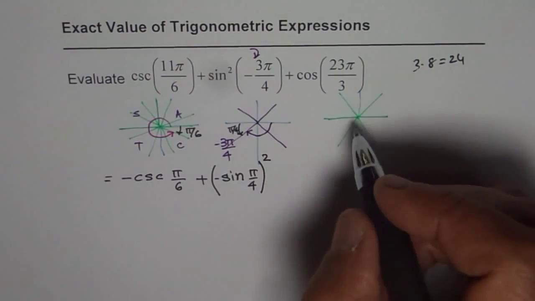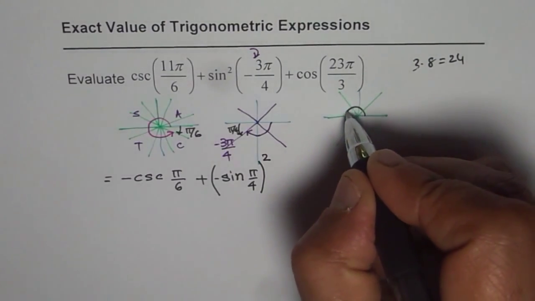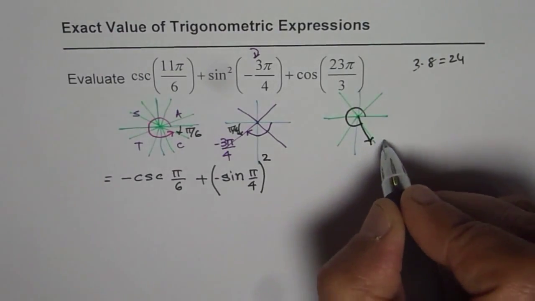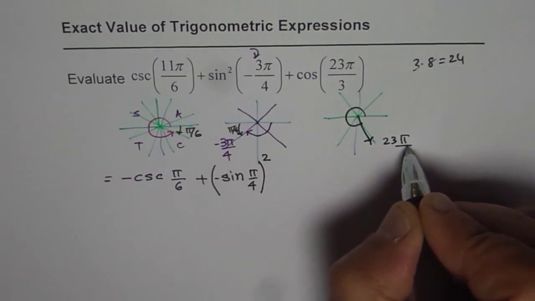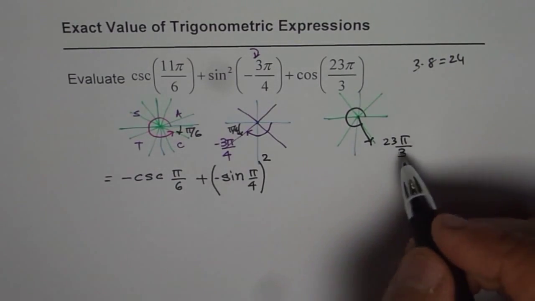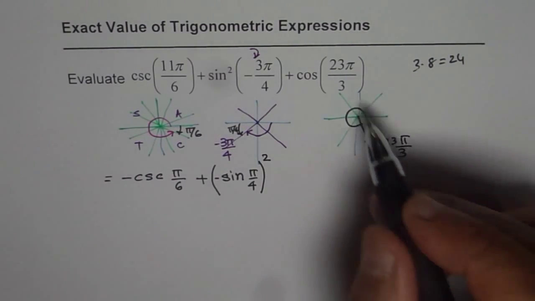That means ultimately, let me draw a bold line, we will reach here. So that will mean 23 pi by 3, after 7 circles, this position. Do you see that? 7 circles plus this much will be this.